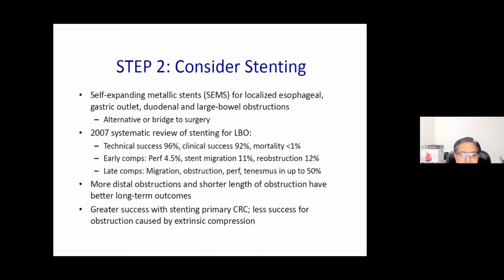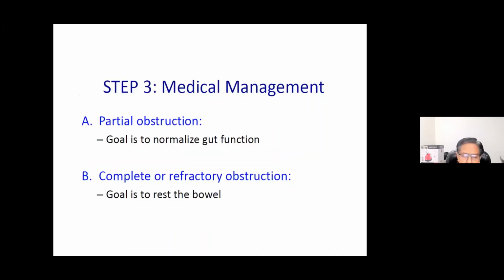And greater success is achieved with stenting primarily in situations wherein there is an obstruction with some type of compression on the lumen so that they can be opened up. Now, medical management remains one of the important components for palliative care patients, and depends upon whether the patient has partial obstruction or complete or refractory obstructions.